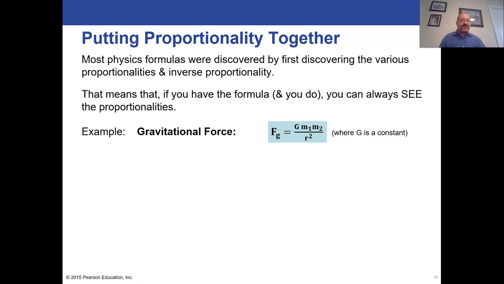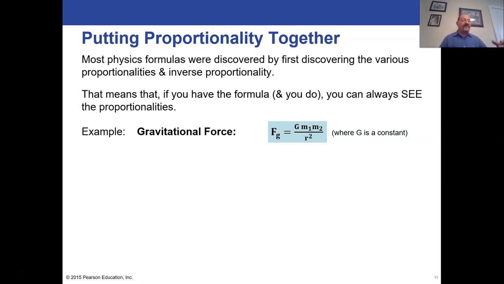And this formula says that the force due to gravity, and it's a force, it's pulling in, is equal to some constant G, we're not going to worry about that, times the mass of one of the objects, it could be the Earth, times the mass of the other object, it could be you sitting on the surface of the Earth. And r refers to the distance between the center of one body and the center of the other body.